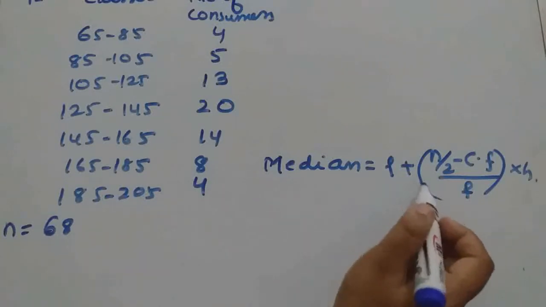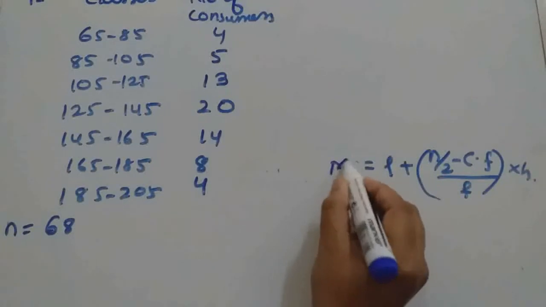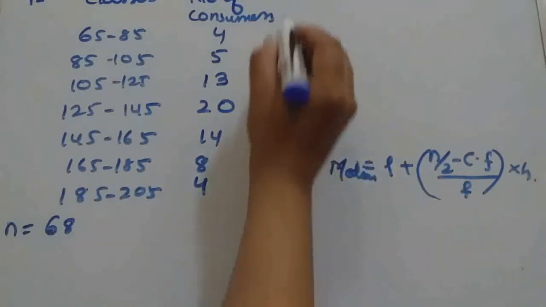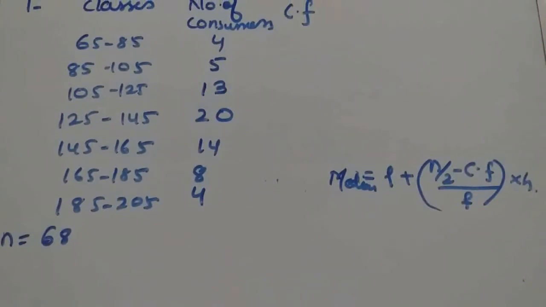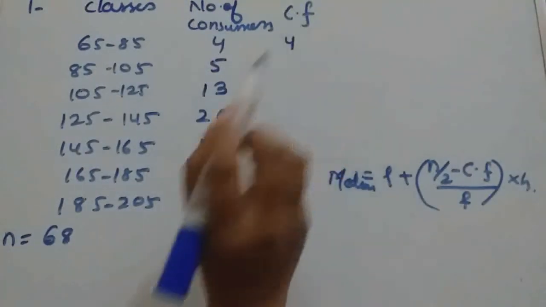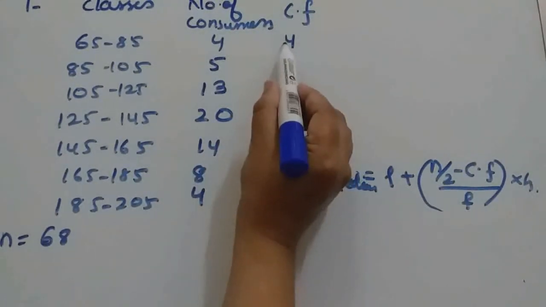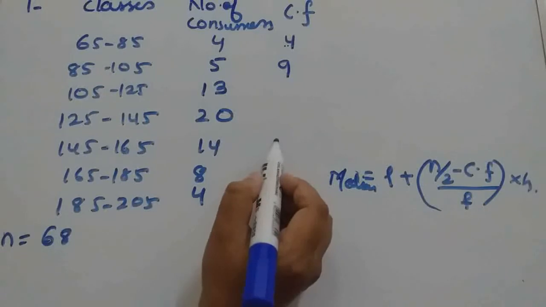All these variables we should find, and before that we should add one column called cumulative frequency column, the CF column. How can we add this column in the given data? See, the first frequency you should write as it is, then add 4 and 5 to get the next CF.